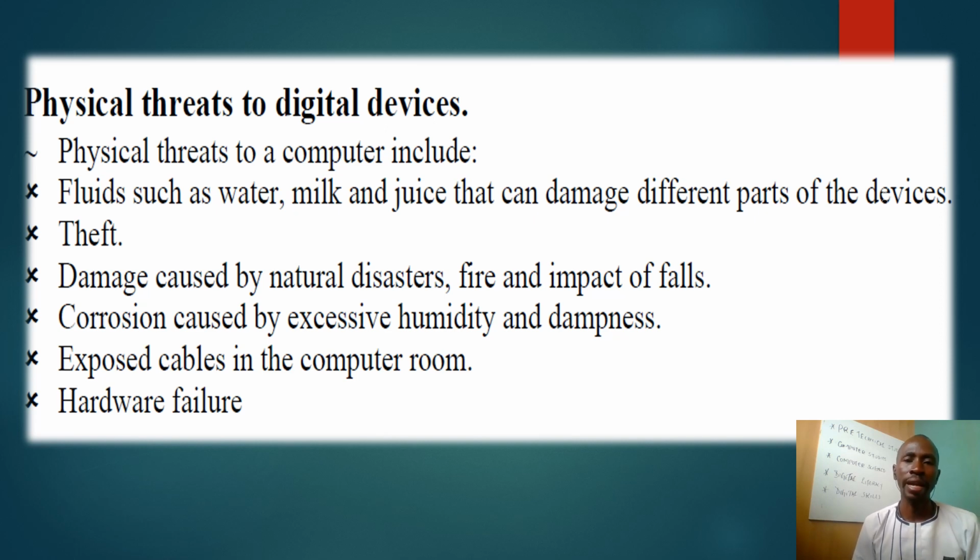Damage caused by natural disaster like fire and impact of falls. Now, natural disasters are things that we can't avoid, like fire. Okay, fire can be avoided, but there are times that you cannot avoid fire when it comes as an accident.